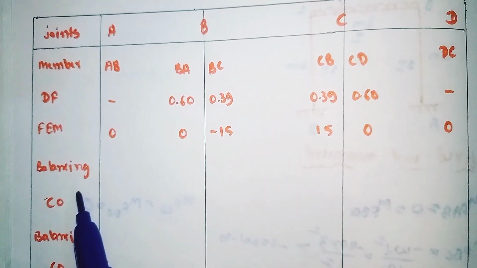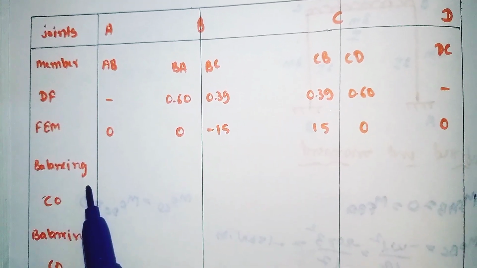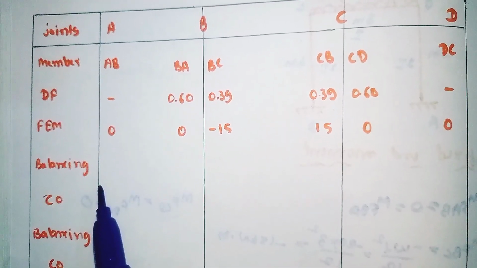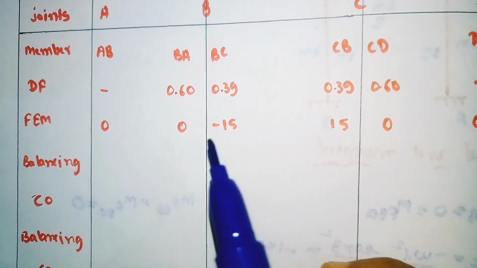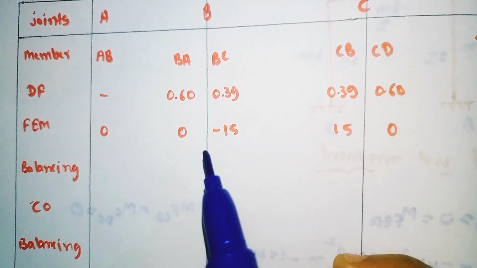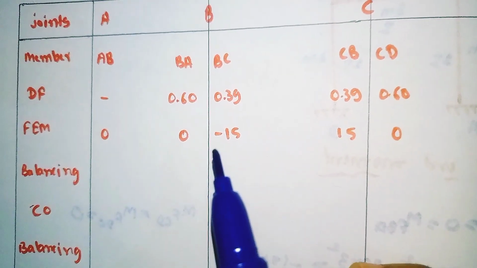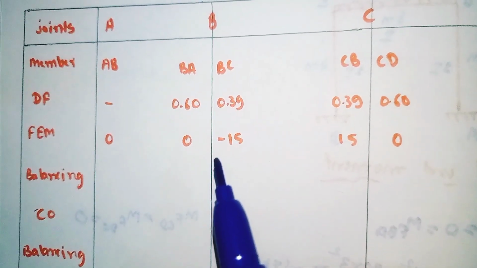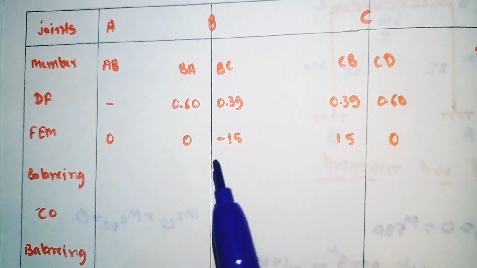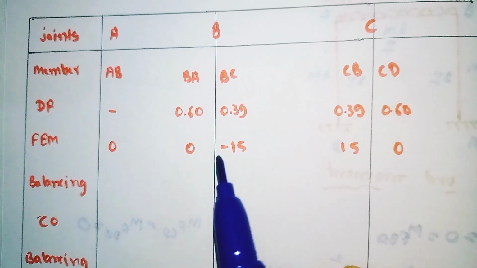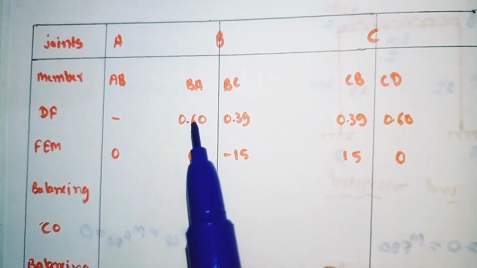And our next step is to find out the balancing. Balancing, in the last video I have already explained. One more time I will explain. Balancing means we need to add these two, then make it to the opposite sign. It means if you get the value in positive, then we have to make it into negative sign, and if you get the negative sign, then we have to make it to positive sign. Then multiply this value by the distribution factor.